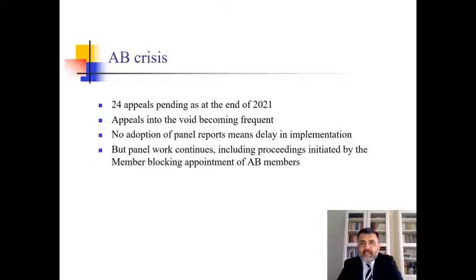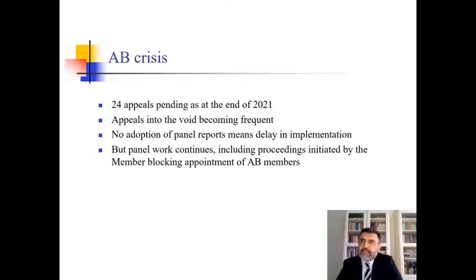And since then, another 14 have been added to the list because WTO members, one can say unfortunately, have tended to appeal panel reports since December 2020, which basically delays the implementation of these panel reports.